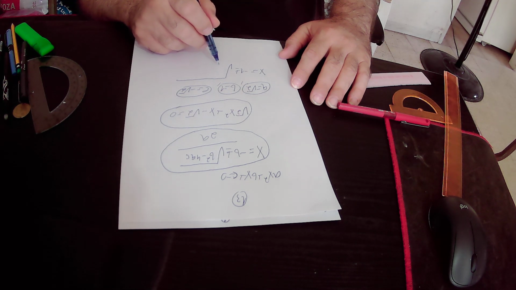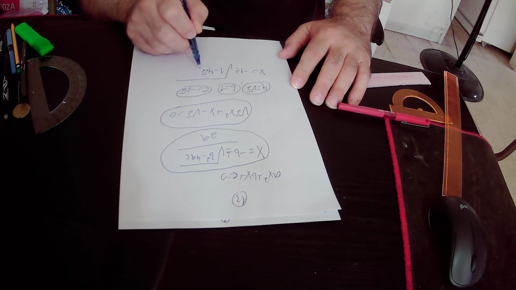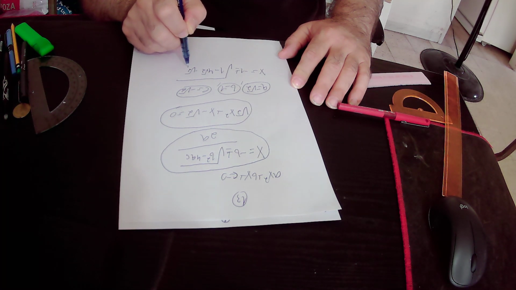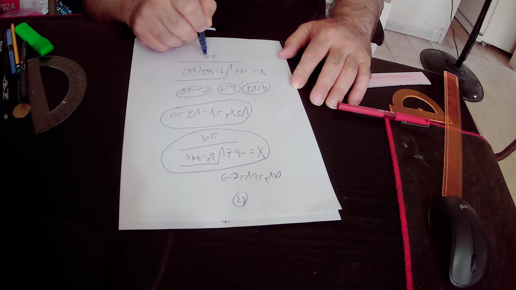B is 1, so b squared is 1 square, 1 square is 1, minus 4 times a is root 2, times c is minus root 2, over 2 times a, that is 2 times root 2.